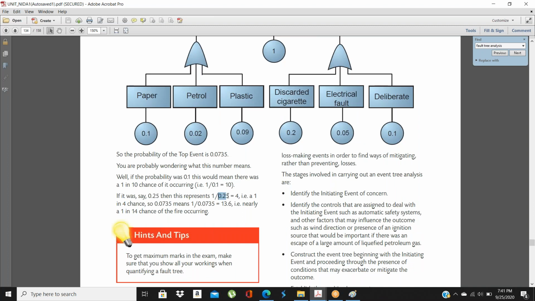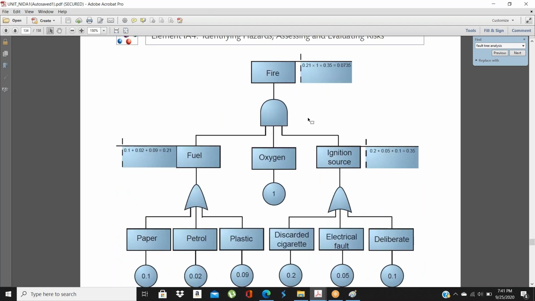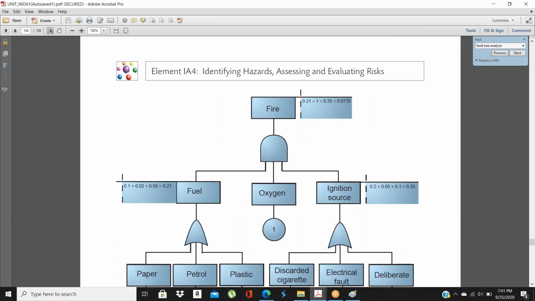So let's suppose if it's a quarter, then it should be 4 times. And for this one, it should get 13.6, nearly 14 chances. It means that if 14 chances of these events occur, maybe there is a chance of 1 fire.